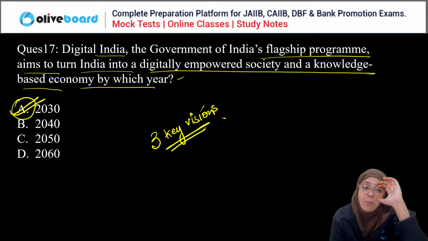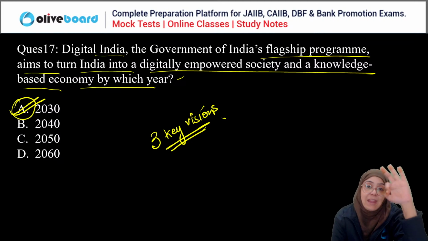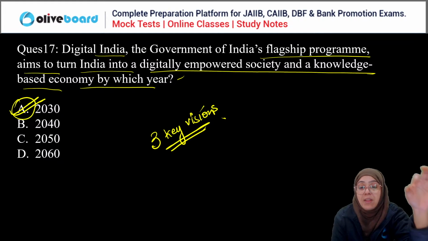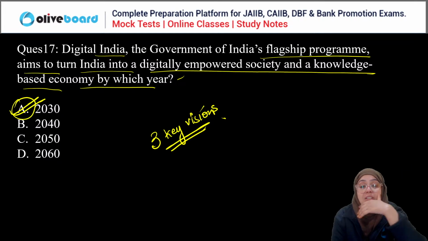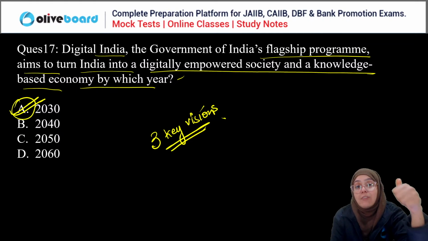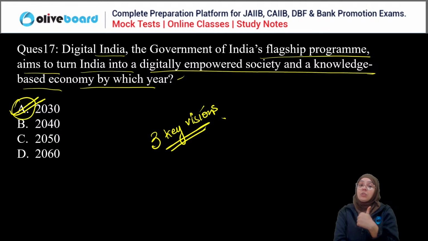But now you have to tell me the three main key visions of Digital India. First, digital infrastructure as a basic utility for every citizen. The very first vision was that digital infrastructure should be used as a basic utility for each and every citizen.